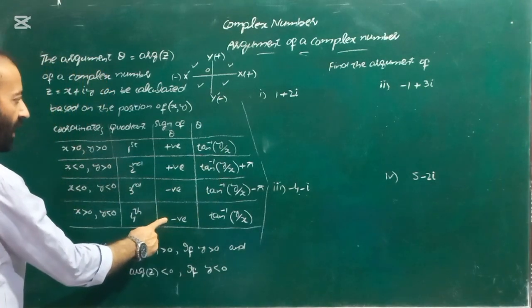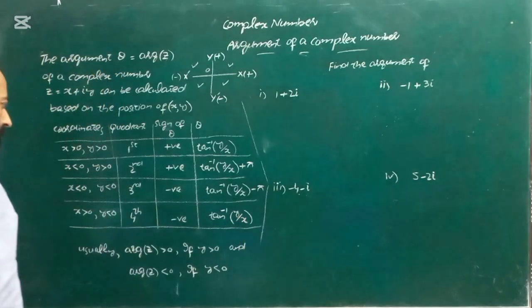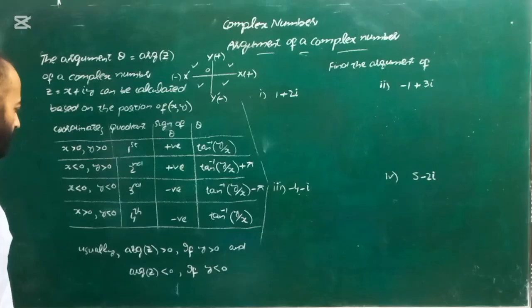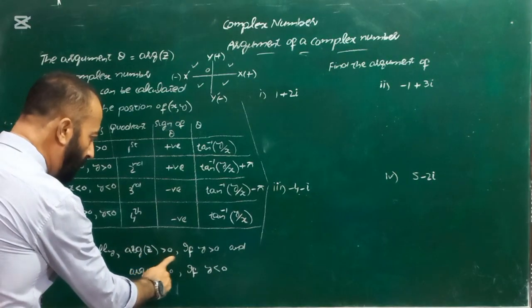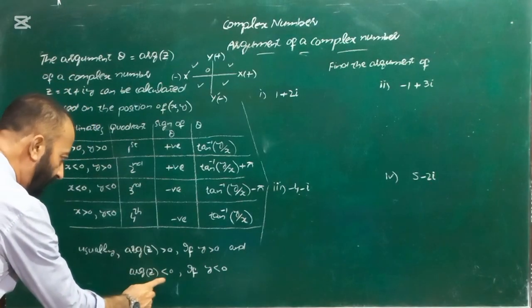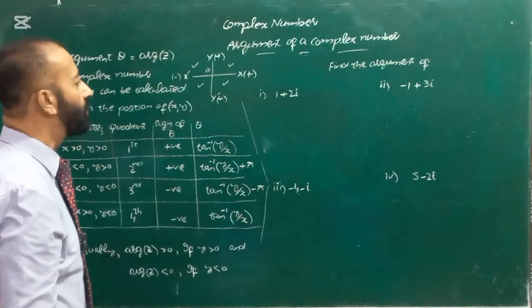The sign of theta will be negative and theta will be equal to tan inverse y by x. So these are some general concepts for the argument. Usually, argument of z is greater than 0 if y is greater than 0, and argument of z is lesser than 0 if y is lesser than 0.